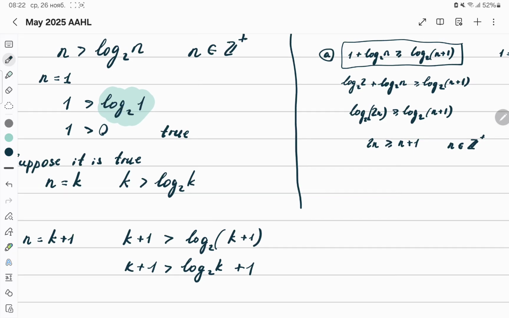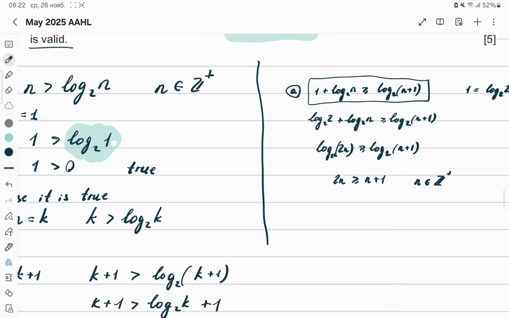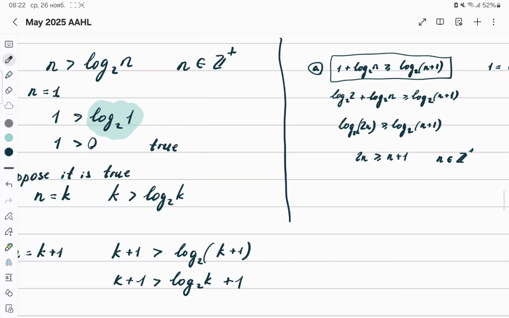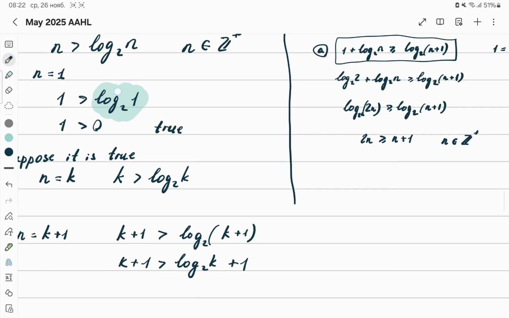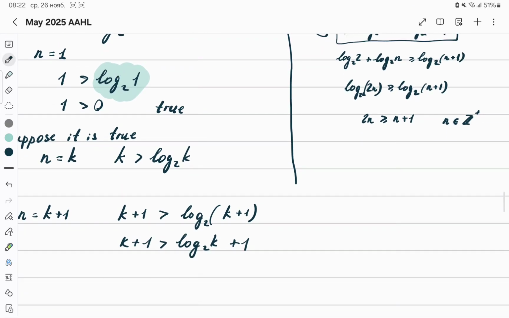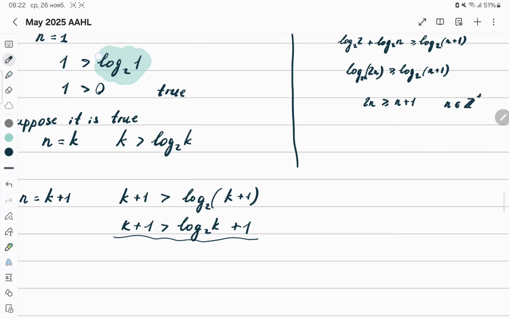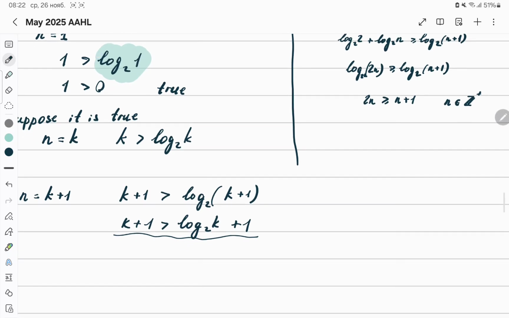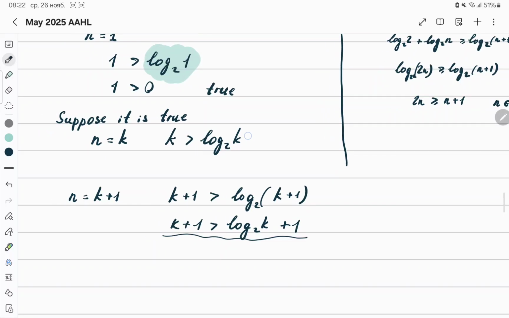Okay, now we are going to use this to show that it is true for n is equal to k plus 1. So how did we actually do it? It's from this part, right?